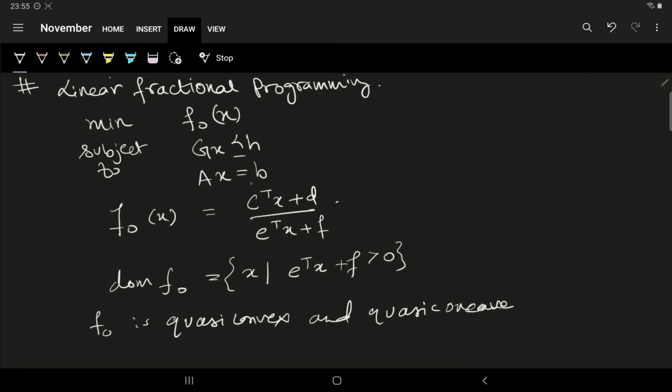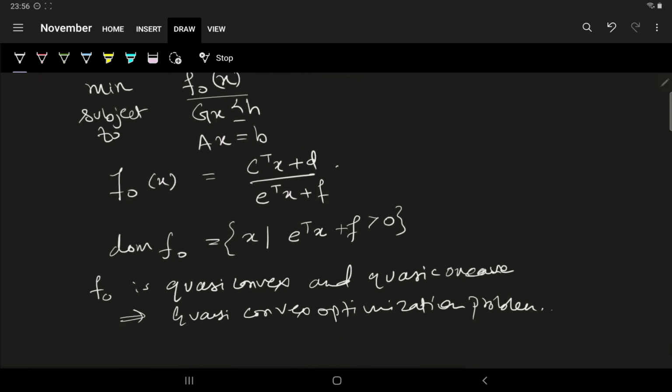So we know that linear optimization programs are convex optimization programs, and if f naught, the objective function, is quasi-convex, then it is a quasi-convex optimization problem, which in this case it is.